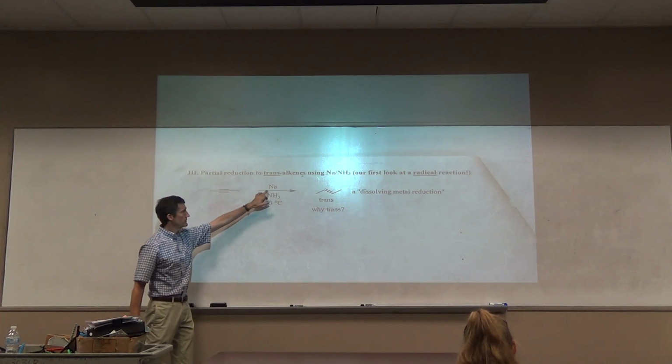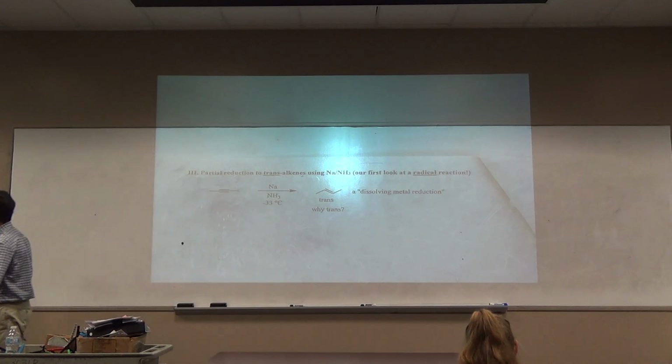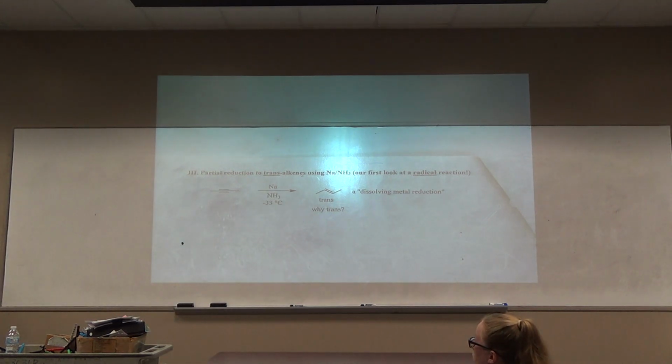Fascinating reaction. Sodium, what does sodium like to do chemically? It likes to give up one electron and become sodium plus. A variety of ways it can give up an electron. But really it's, how does sodium give up an electron? What's mechanistically? It needs to give up one electron.